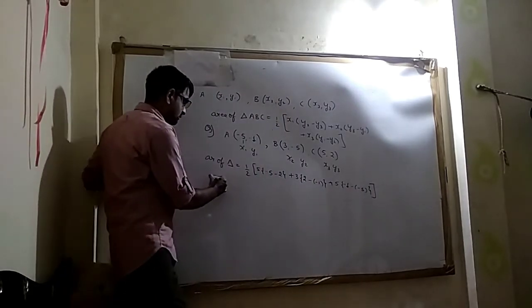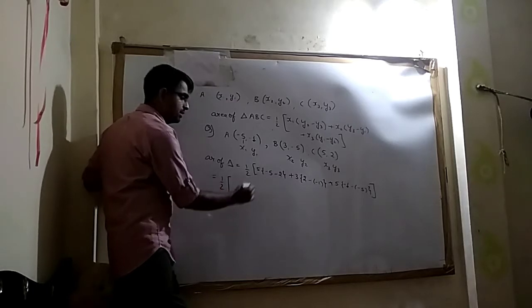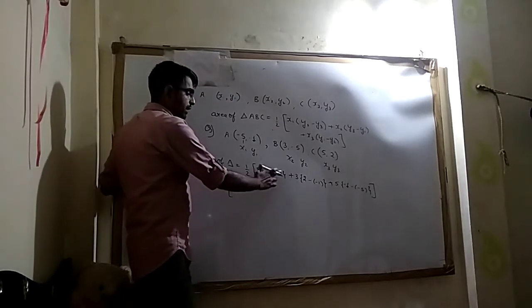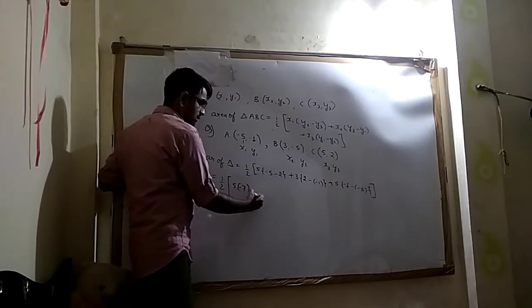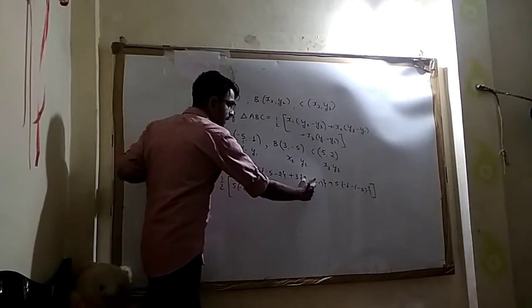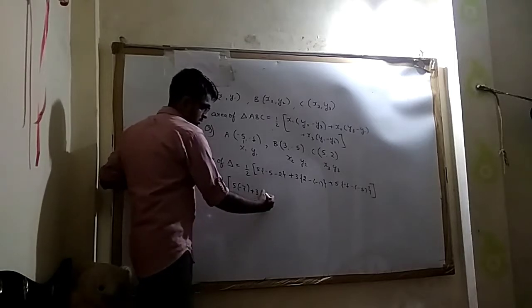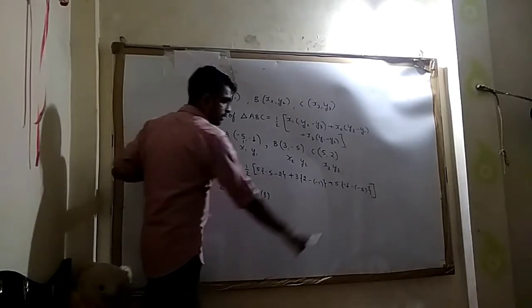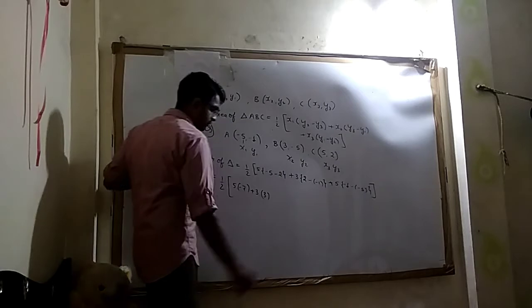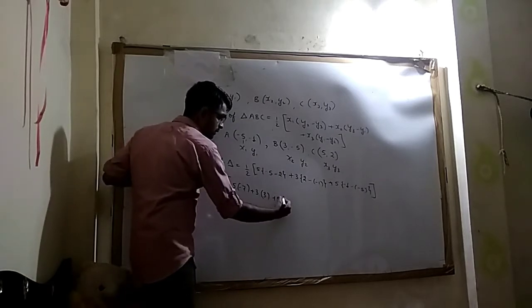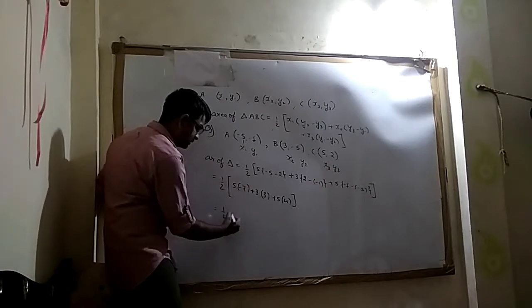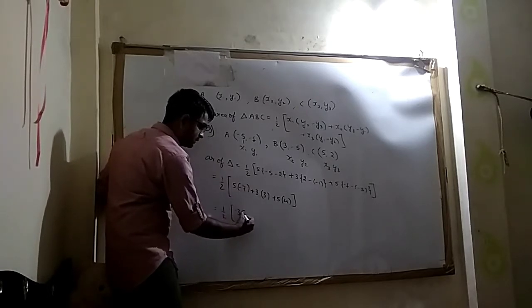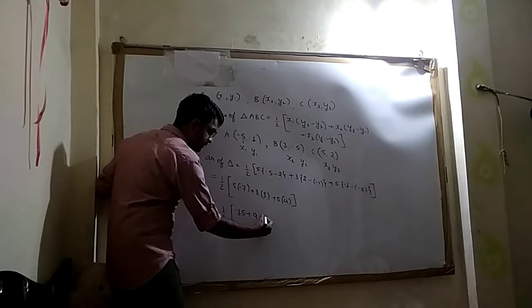Now solve it. So half. See, minus 5 minus 2 becomes minus of 7. Then 2 minus minus of 1 becomes 3. And minus 1 plus 5 becomes 4. Now multiply it. What we will get? Minus 35 plus 9 plus 20.